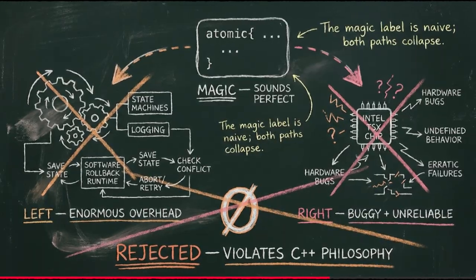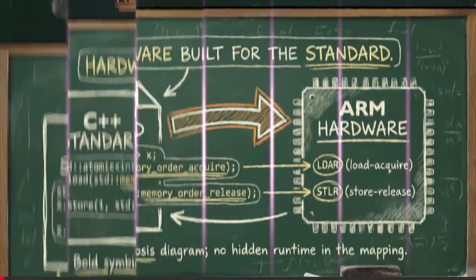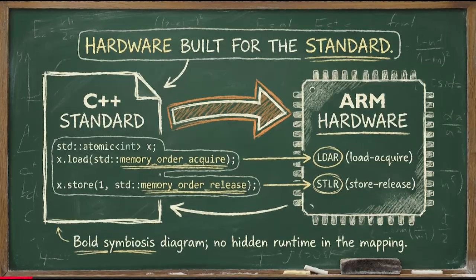To make transactional memory work, you either need a massive, heavy software runtime to track all the memory states and manage rollbacks, or you rely on hardware extensions. And the hardware wasn't there. The early hardware extensions, like the Intel TSX instructions, proved incredibly buggy and unreliable. The atomic types we have today won because they map cleanly, predictably, and directly to single CPU instructions without a hidden runtime.